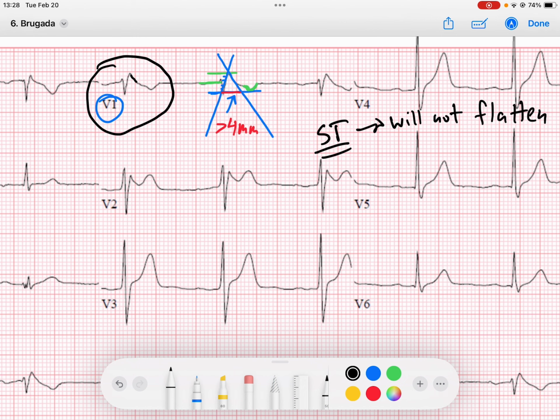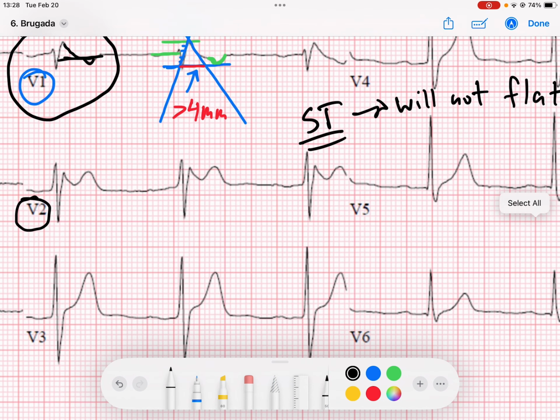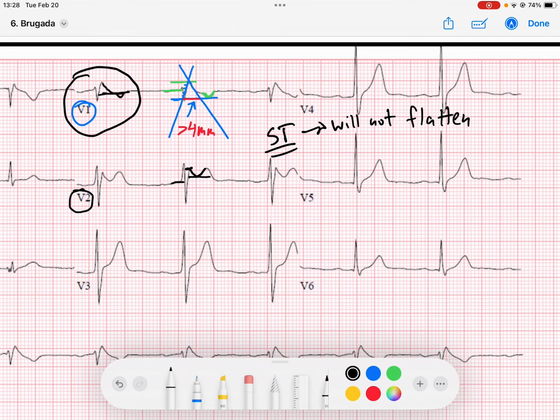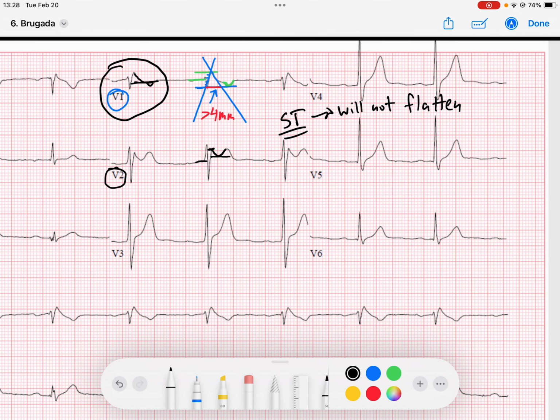It's always going down in some way. It doesn't ever become completely flat for any extended period of time. We see that here in V2, where you have this ST segment elevation. You can see it descending gradually, and then we have elevation, but notice it never flattens out for a considerable amount of time. So oftentimes in Brugada, you'll see the ST segment does not go flat, right?